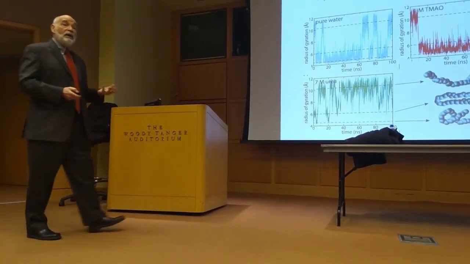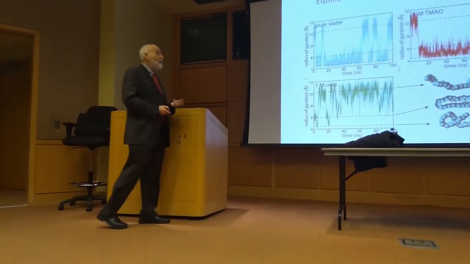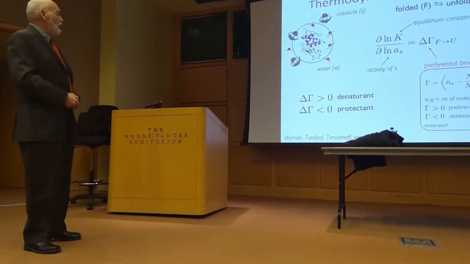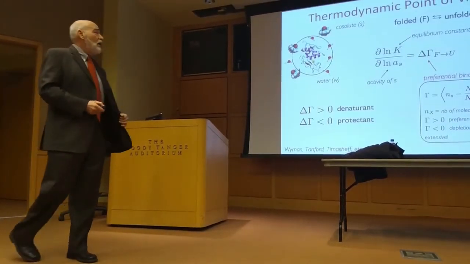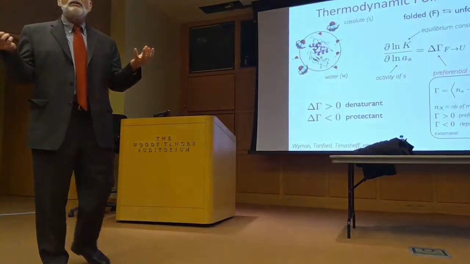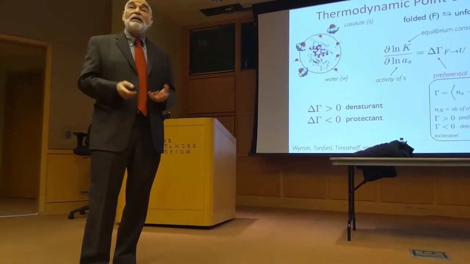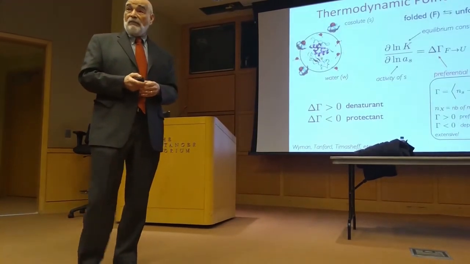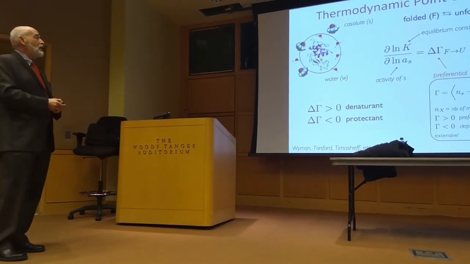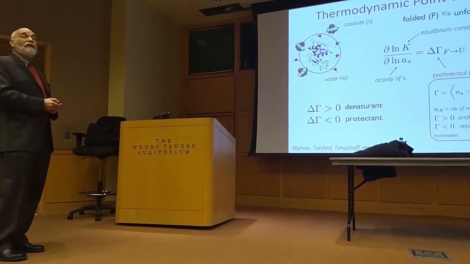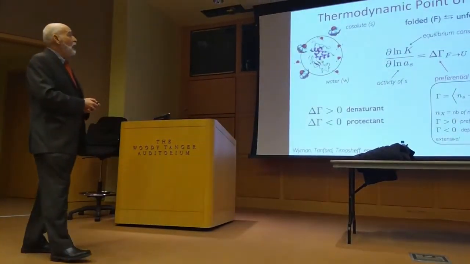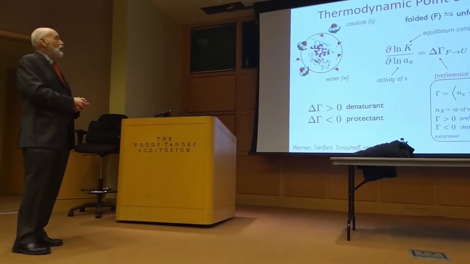So we thought we had an interesting case to study in terms of theory. I'm not going to go through the theory, but it was originally done by Wyman, Tanford, and Timasheff, which looked at how conformations of large molecules change as a function of the concentration of things that can bind to them. And using that theory, there is a thing called preferential binding. This is the equilibrium constant for unfolded to folded, or folded to unfolded, the logarithm of it.